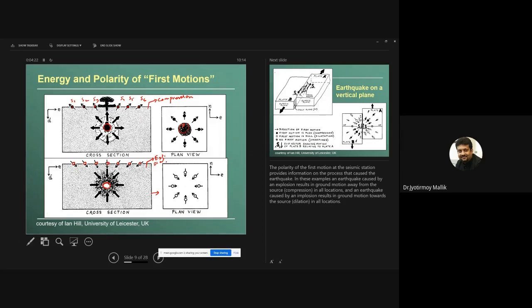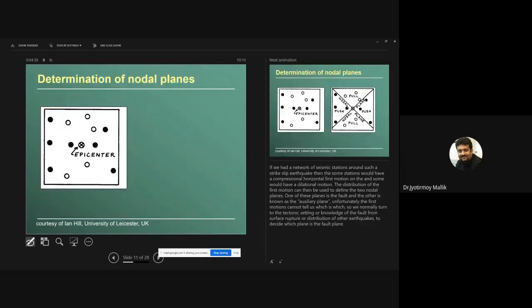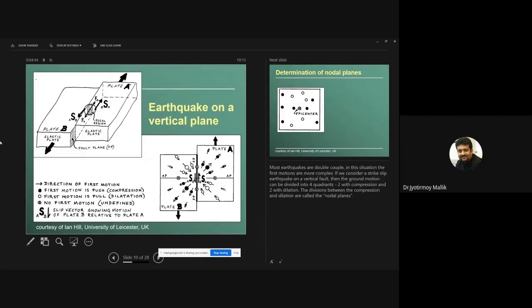Now, we will look into different fault systems and see how it works. So, for example, I'm first looking at a strike slip fault.